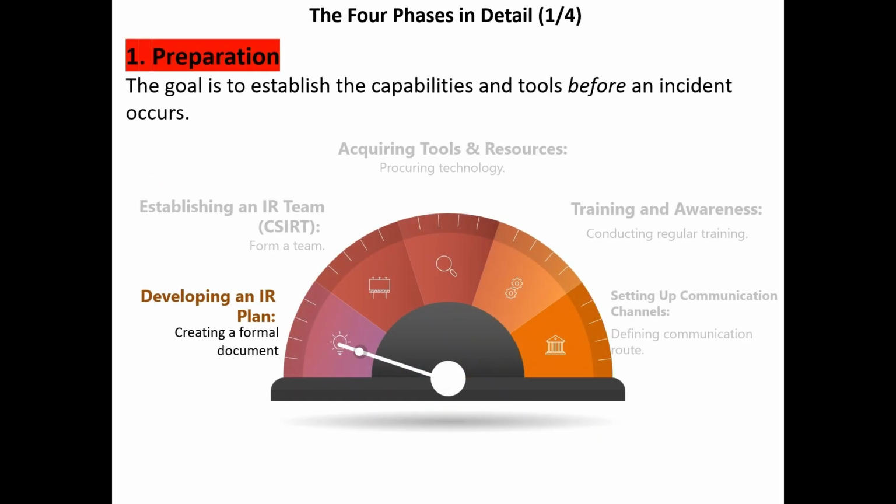First is preparation. This is the foundational phase. The goal here is to establish the capability and tools before an incident happens. A well-prepared organization can respond more effectively and more efficiently. So the key activities within this phase are, 1, developing an IR plan, which is the incident response plan.